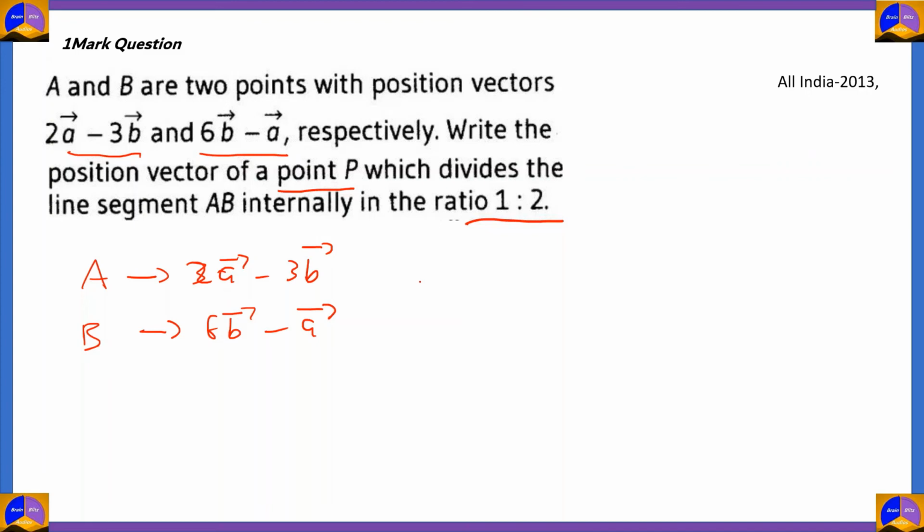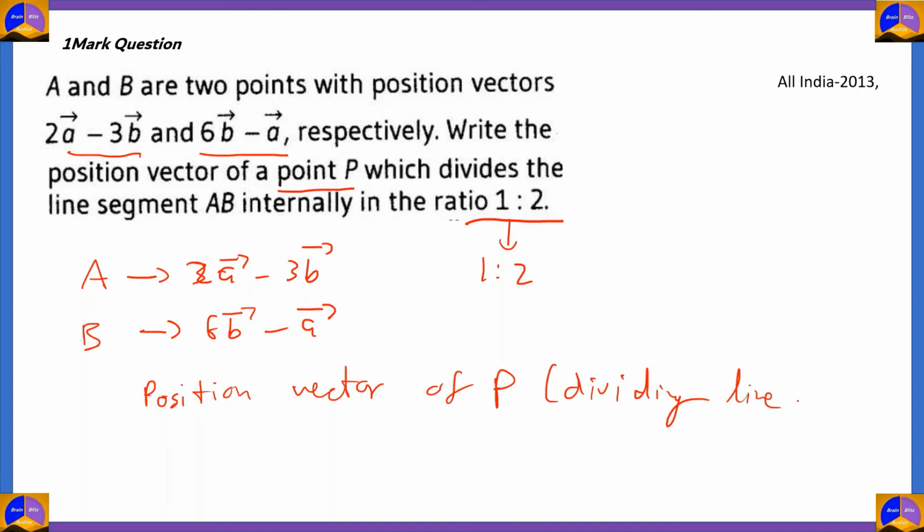And the ratio here is 1:2. So now we just need to put the formula for the position vector of a point P dividing the line segment internally.